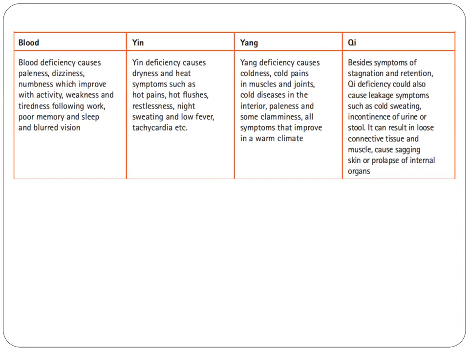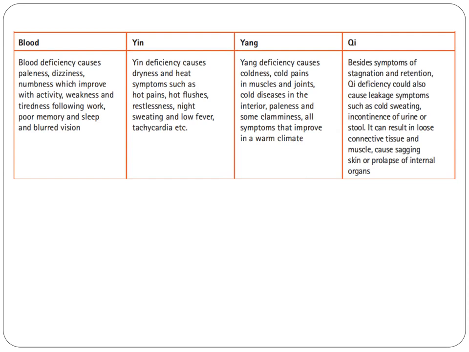So yin deficiency causes dryness and heat symptoms such as hot pain, hot flashes, restlessness, night sweating, and low fever, tachycardia, etc. If there is a yang deficiency, this could cause coldness, cold pains in muscles and joints, cold disease in the interior, paleness, and some clamminess, all symptoms that improve in a warm climate.